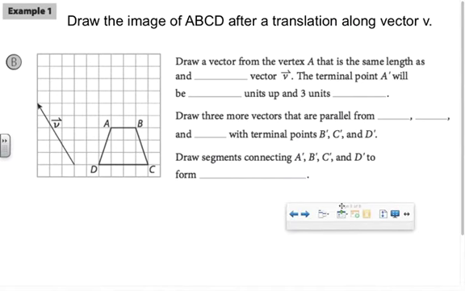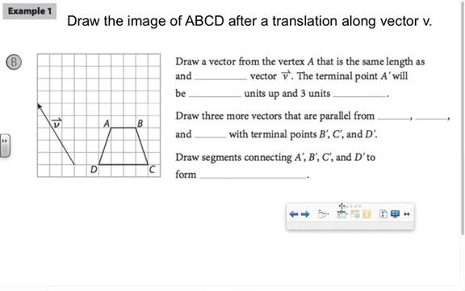In this example, we're using the vector to draw the image of ABCD after this translation. As I've mentioned in previous videos, notice that this is a part B to example 1, which means that there's an example A in your text.